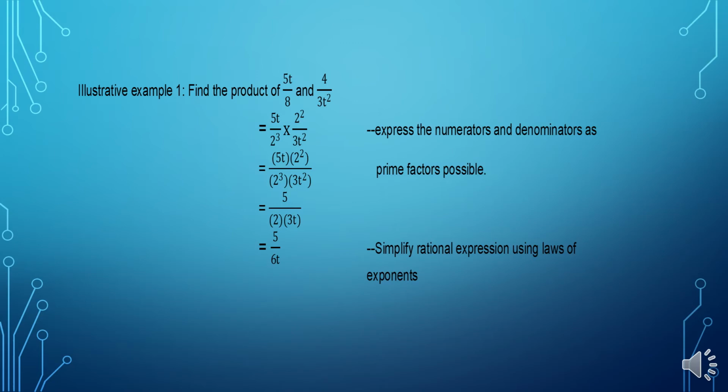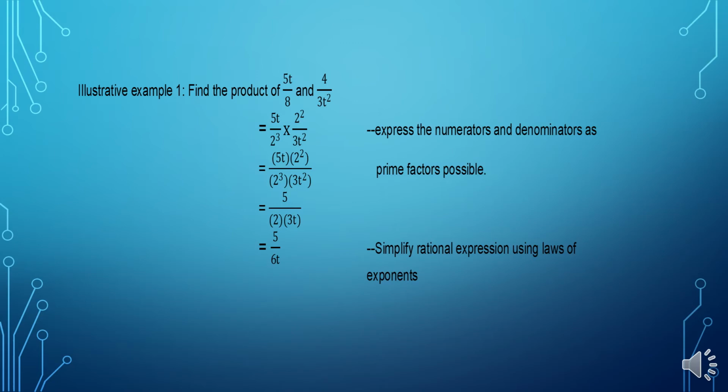And then here, 2 raised to 2 over 2 raised to 3: the numerator is canceled, and since the exponent in the denominator is 3, one 2 remains. So 5 over 2 times 3t.